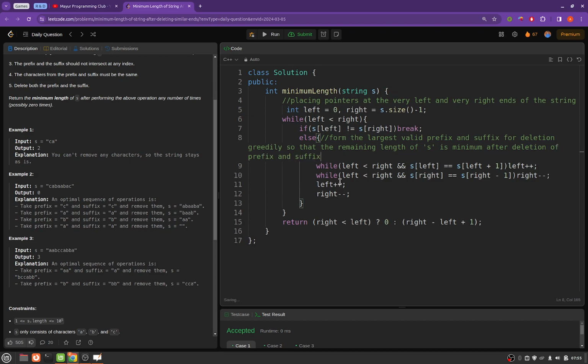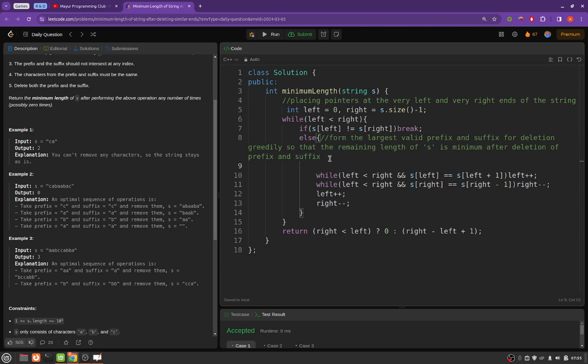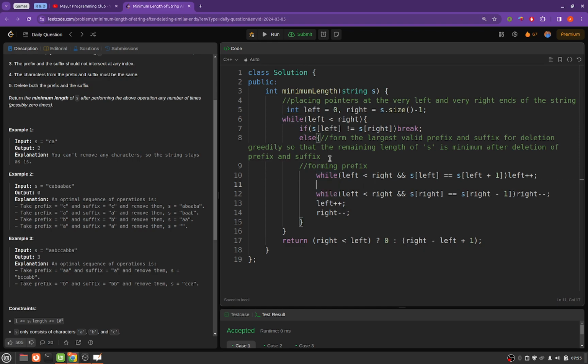Okay, so this is what we are doing. Till your left and right pointers do not coincide, you will form the prefix. Here we are just forming the prefix, and below that we are forming the suffix.